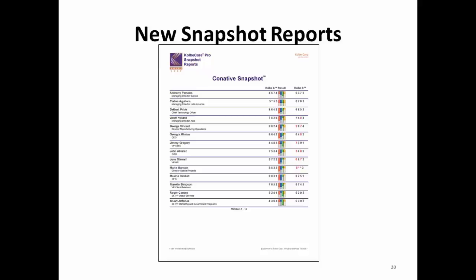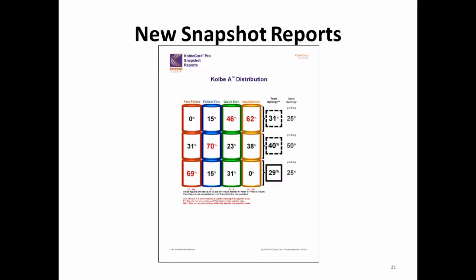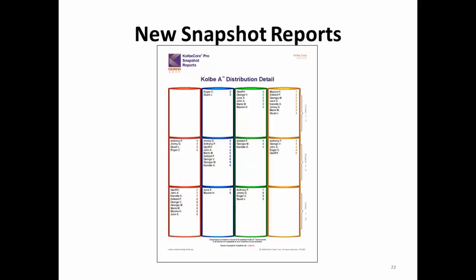You can easily select these people through the new interface that allows you to build these particular groups on the fly. Want to see the balance and distribution of the cognitive strengths? We have also included a Colby A distribution report, along with the new Colby A detail report. This gives you a tangible view of that balance that we so often talk about throughout our theories and consultations. The traditional distribution report is all about the percentages, modes, and zones.